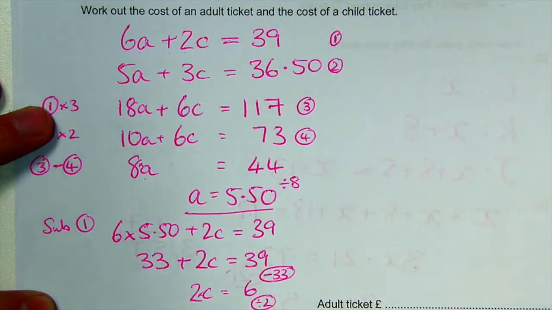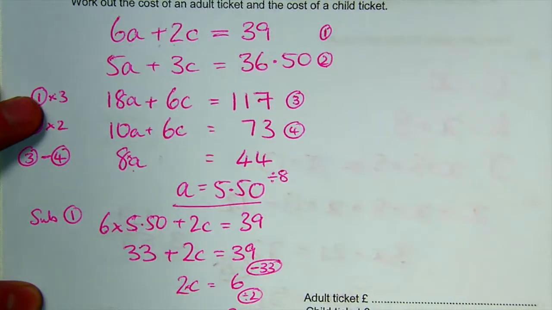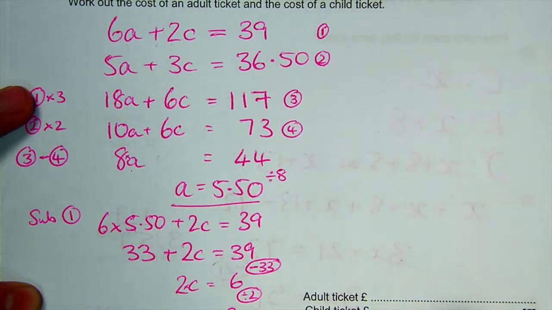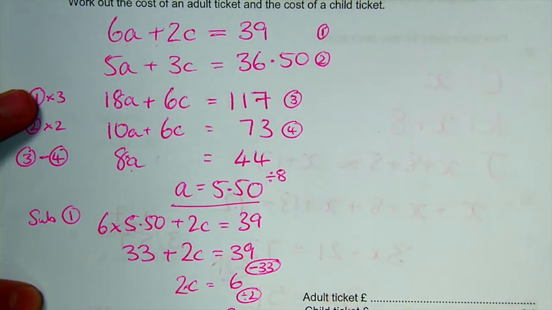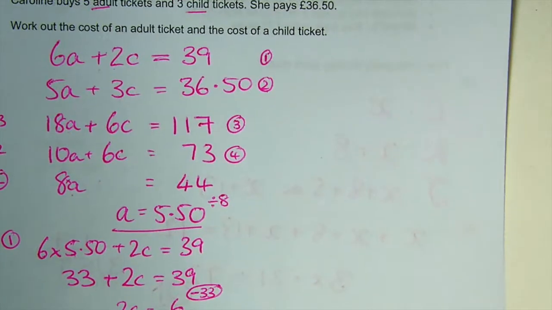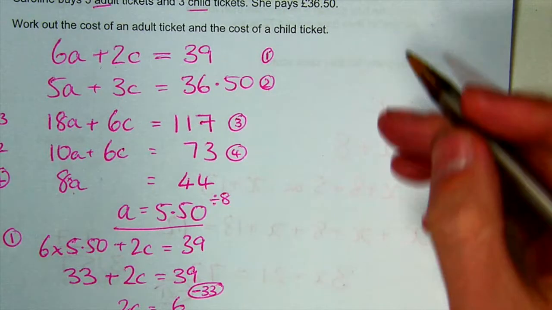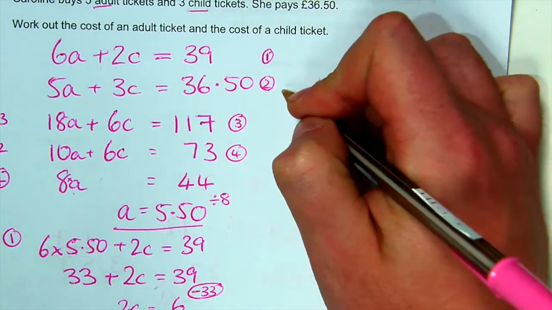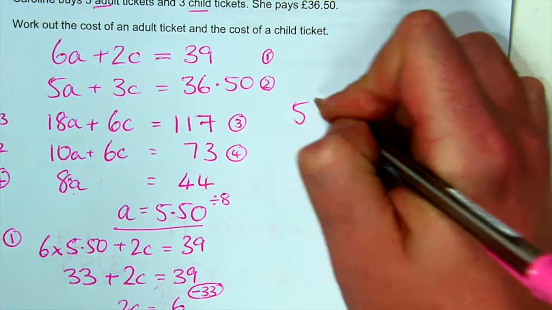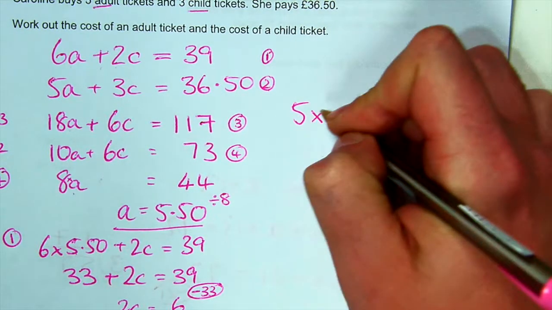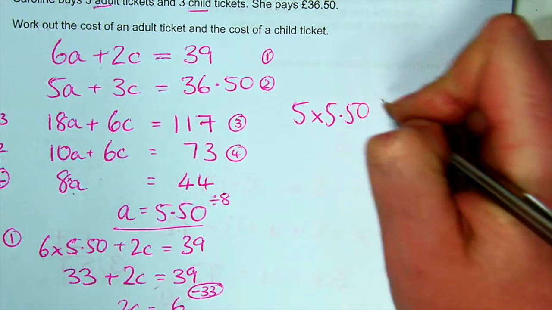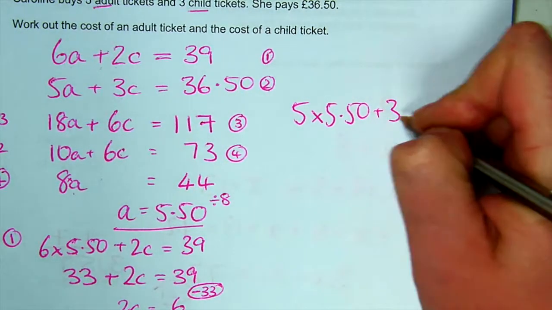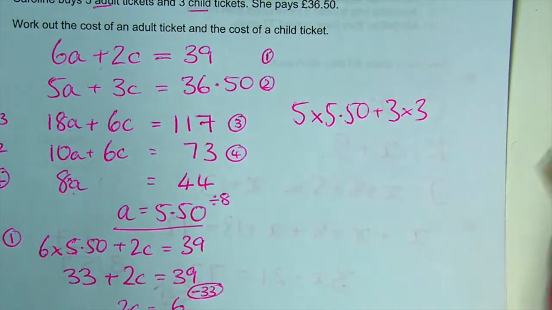Now, before we move on, this is a 5-mark question. Even though we've got our answer, and we need to put them in the answer line in a moment, we can double check. It's always worth double checking, easy on a calculator paper, but worth doing on a non-calculator in this second equation. 5 adult tickets, so that'd be 5 times £5.50, plus 3 child tickets, so 3 times 3, should give me £36.50.